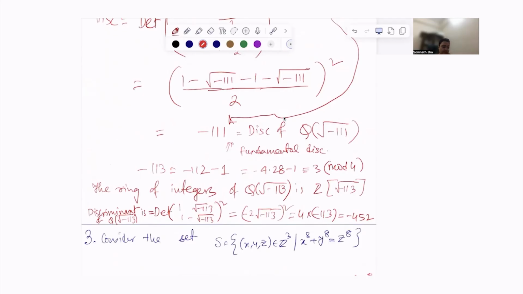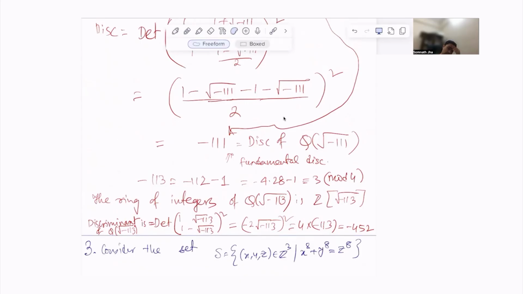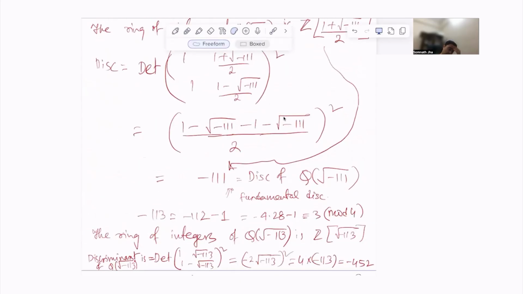So this is 4 times d, and so it is the determinant of [1, √-13; 1, -√-13] squared. So minus 2 times √-13 squared. So 4 times -13. So it is, yeah, minus 52.